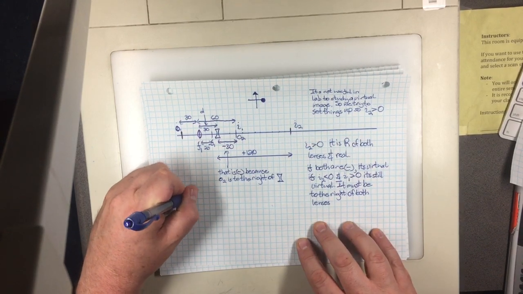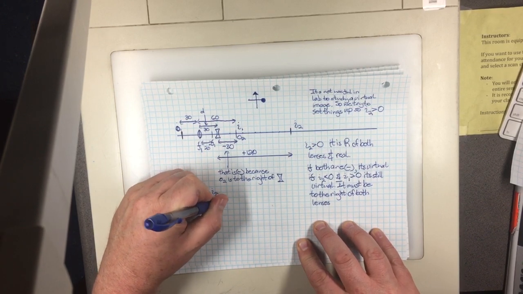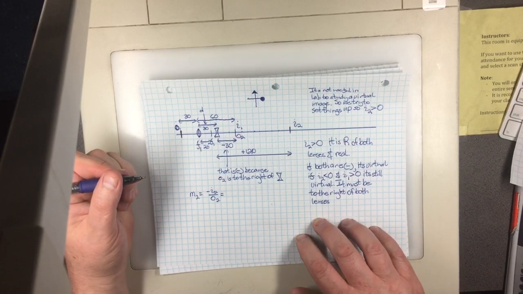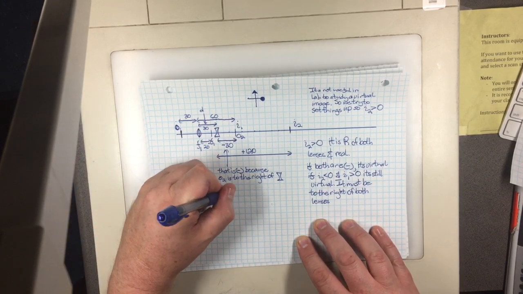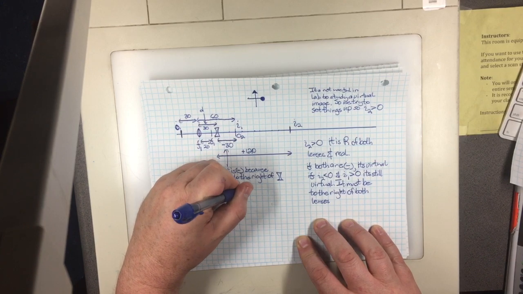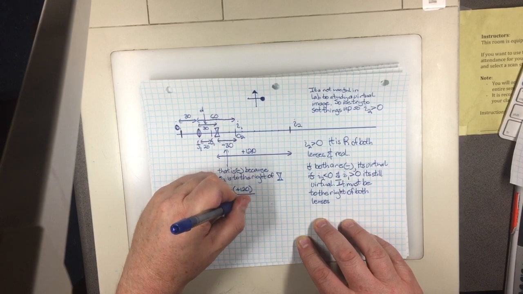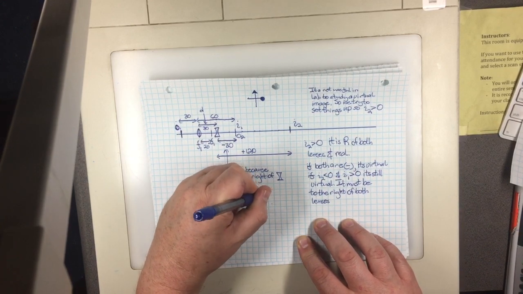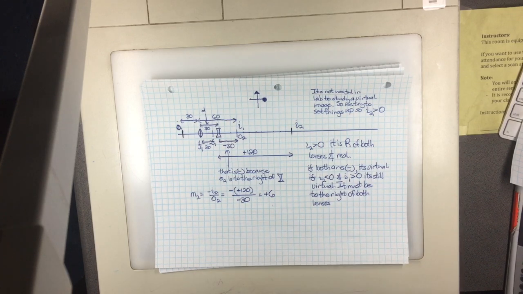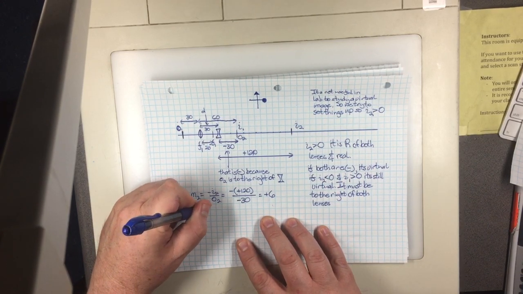The M2 is negative I2 over O2. What did I say I2 was? 120, so positive 120. O2 was negative 30, which means this is positive 6. That magnification 2 is positive 6.